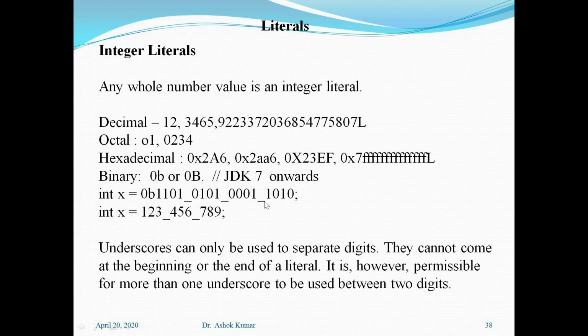This is one single number, but if you want to separate the digits for clarity, you can add the underscore in between. This is the same thing I have used for the integer number. This is one long number, and I have used some underscores in it to improve the readability of the number.